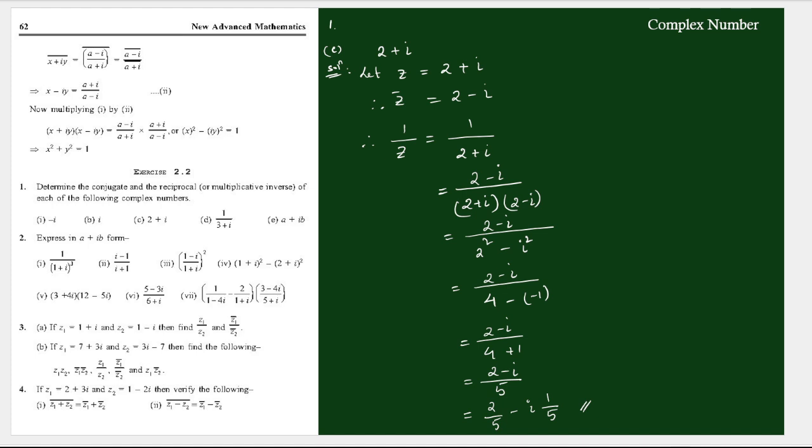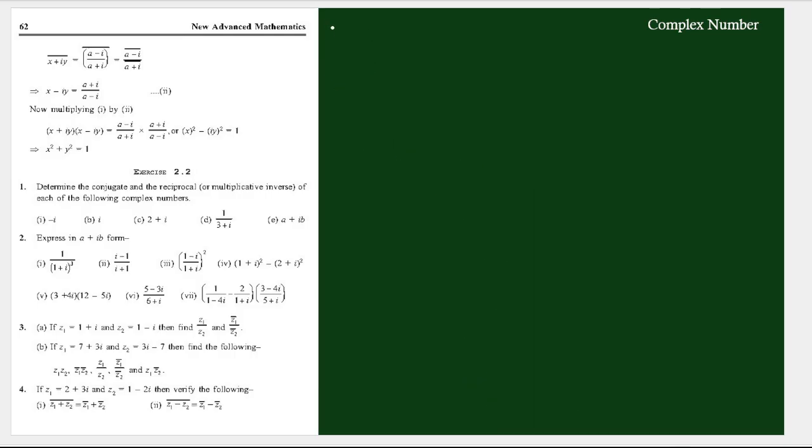Okay, number C done. Let's go to the next slide, number D. What is given? 3 plus i. So let z equal to the complex number 3 plus i.